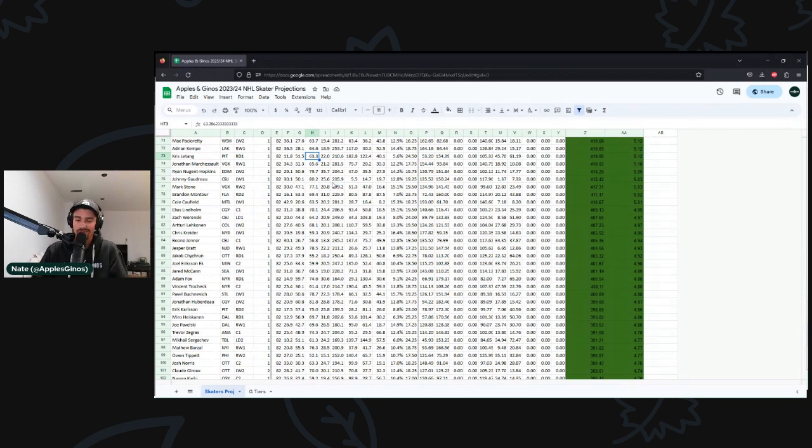That's going to be all I'm going to talk about for the projections here and why you might be using them wrong to date. Hopefully, this brought you some value, helped you get a little bit better at fantasy hockey today.